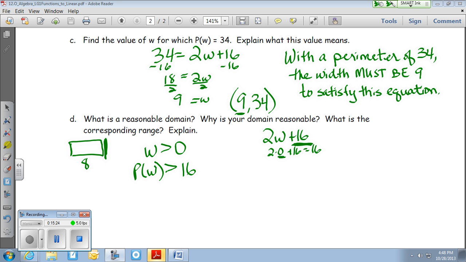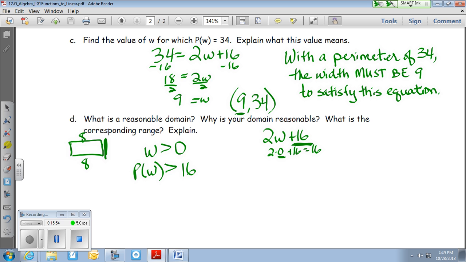For whatever value we put in for W, we get an output for P of W. We know it's always going to be greater than 16 because we always knew that there were at least those lengths of 8, and we're just plugging in for the W. So you may want to summarize what we just talked about: the domain cannot be less than 0 because lengths can't be negative.